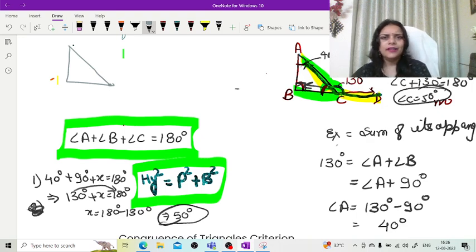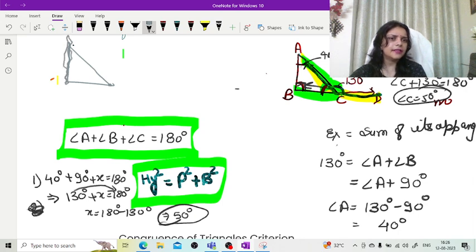Or we can modify the question, like there is a tree. On the top of the tree there is one thread, right? There are many types of questions, but I am explaining in a simple way, right?